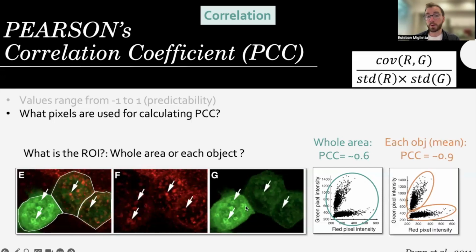Whereas if you were to measure in each cell individually and get the mean of that, you would actually get a higher value, because PCC does not care about what the relationship is as long as it is a linear relationship. So that's something else to take into account when deciding how to measure your PCC. And also another thing that is very important to report so that your measurements are reproducible.